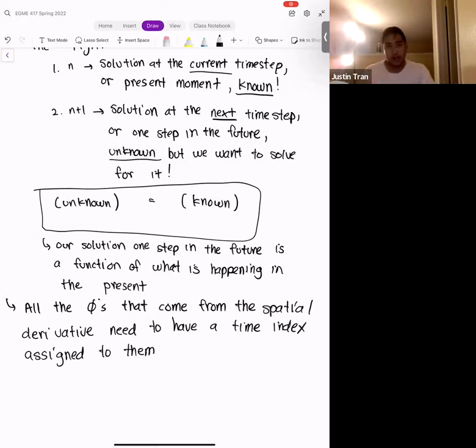We need to assign a time index, and we can either assign n or n plus 1.